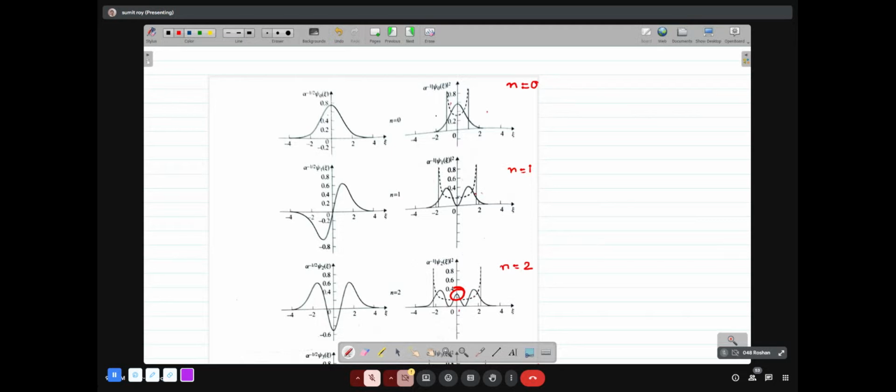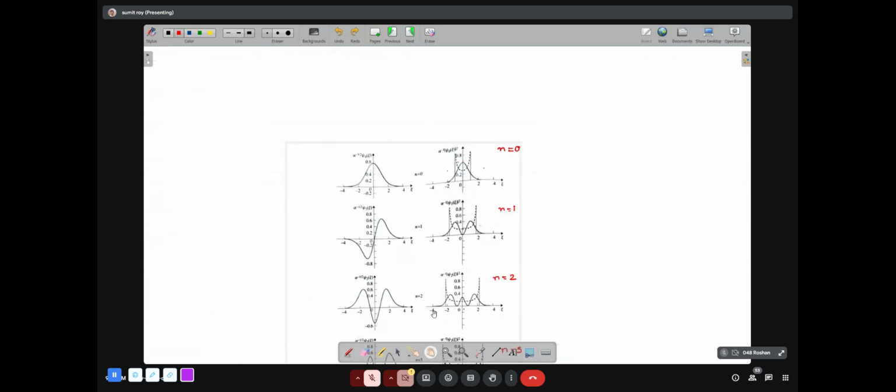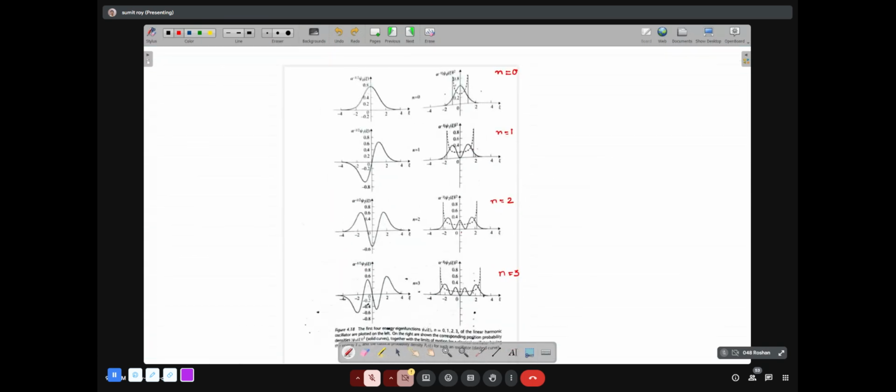Even though not maximum, but not 0. So we can generalize it for odd and even values: whenever n is odd, the probability of finding the particle at the mean position is 0. But whenever n is even, the probability of finding the particle at the mean position is non-zero.